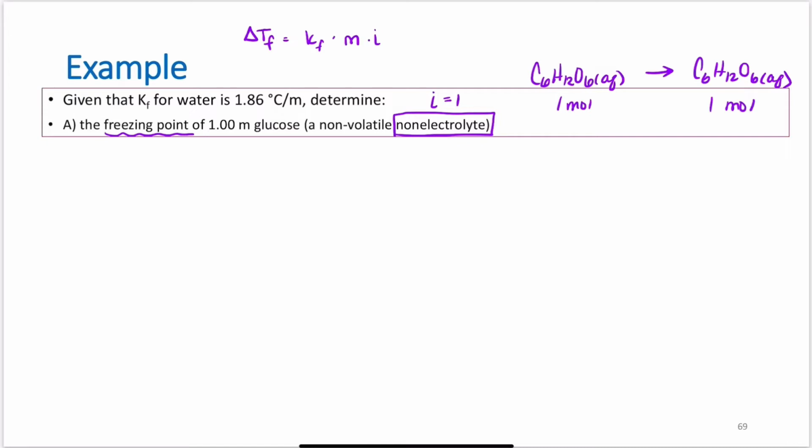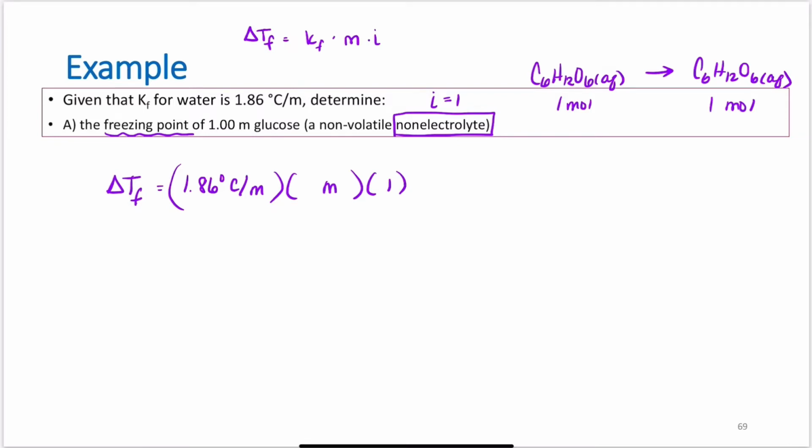It doesn't break apart. I'm told the Kf value of water. You should just remember that value. It is something that you will be responsible for. So delta Tf is equal to 1.86 degrees C per molal times the molality of the solution times 1.